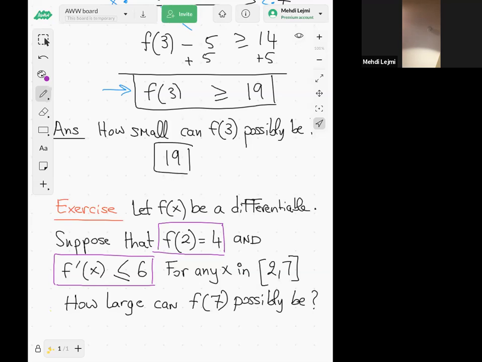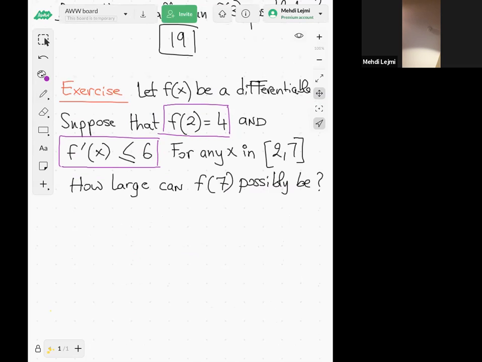Oh, Adrian, you said 24? Yes, very good, Adrian. So yeah, 24, absolutely. So the idea is, of course, use the mean value theorem.